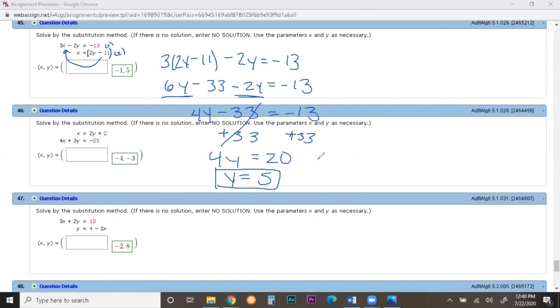Now that we have what y equals, we plug that into this equation. And we have 10 minus 11, so x will be negative 1. So our ordered pair will be negative 1, 5. Okay?